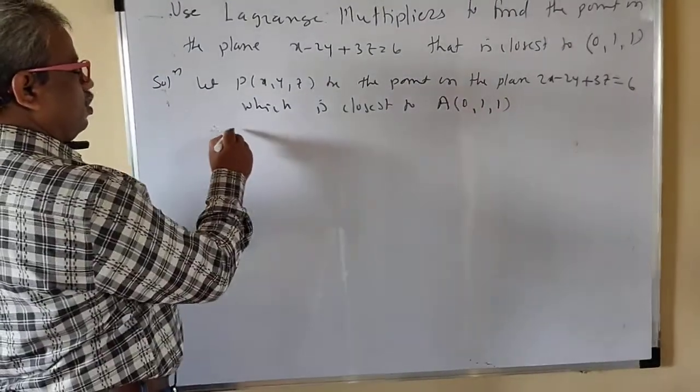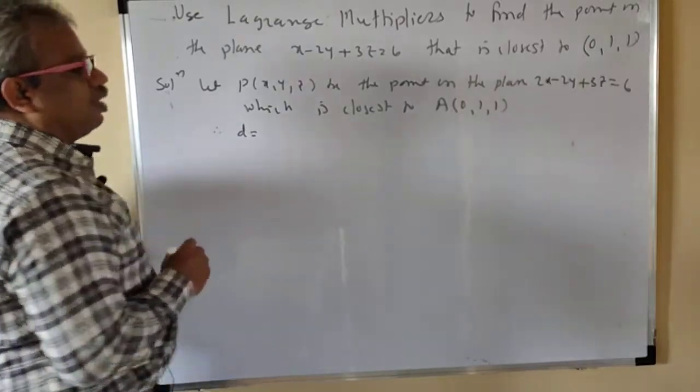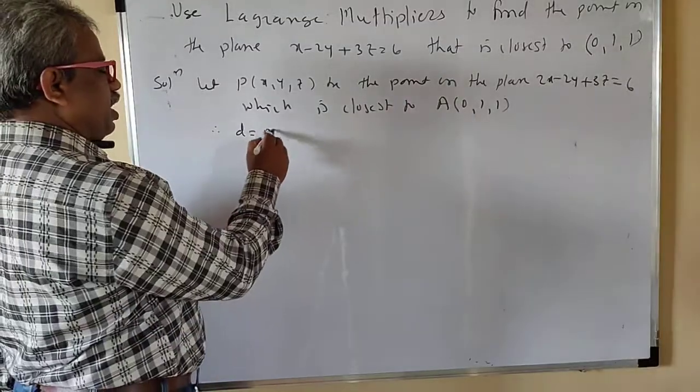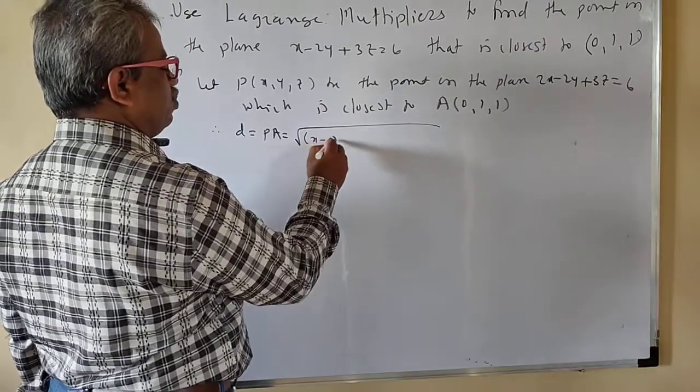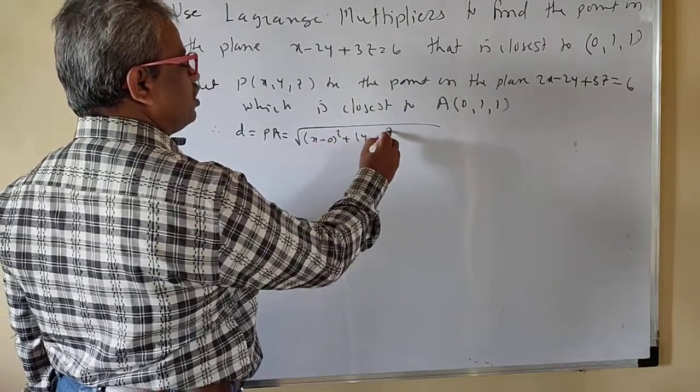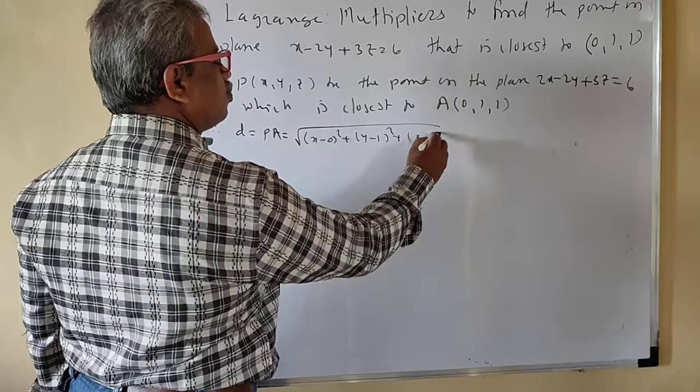Therefore d is equal to, I take a distance, that is PA, root of (x minus 0) square plus (y minus 1) square plus (z minus 1) square, right?